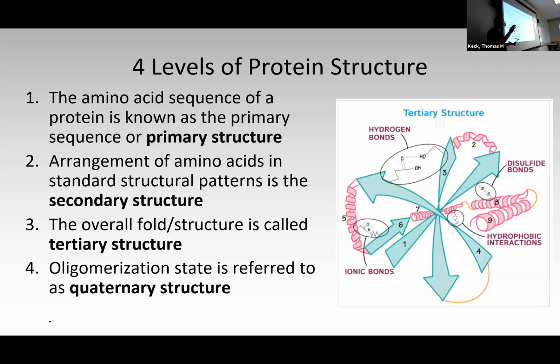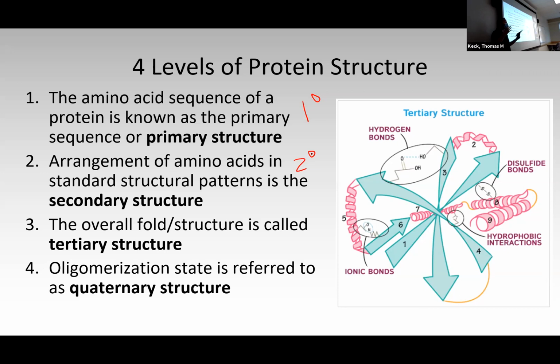So the amino acid sequence, just the order of the amino acids, is what we call the primary structure. And sometimes that'll be a 1 with a degree sign, the primary structure of a protein. The secondary structure, or 2 with a degree sign, is the 3-dimensional arrangement of that peptide chain at the local level. And we're going to go through and talk about the main secondary structural features in just a little bit.